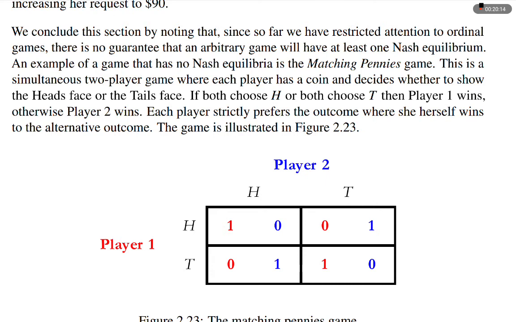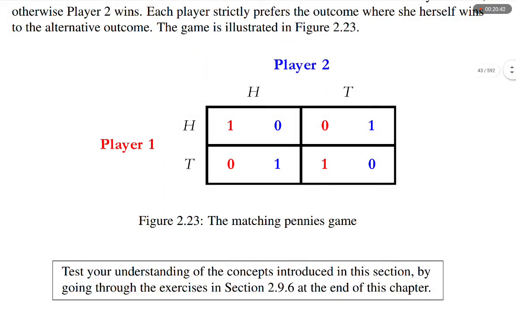This is a simultaneous two-player game where each player has a coin and decides whether to show the heads face or the tails face. If both choose H or both choose T, then player 1 wins, otherwise player 2 wins. Each player strictly prefers the outcome where she herself wins to the alternative outcome.